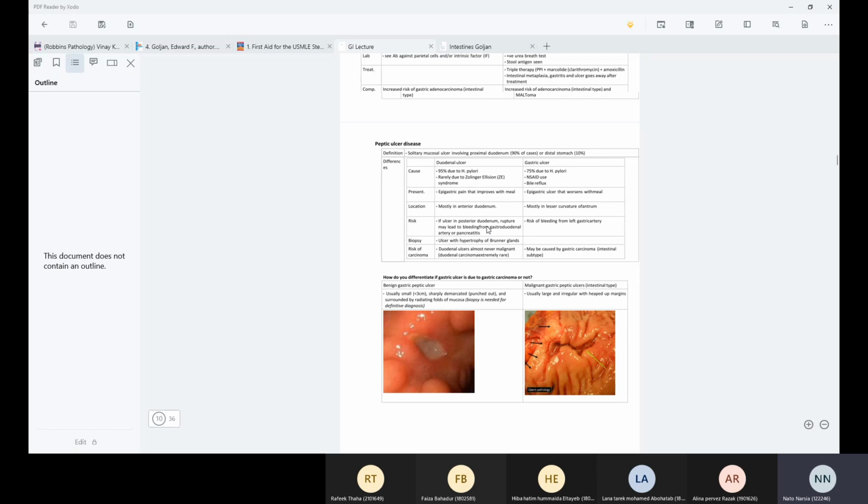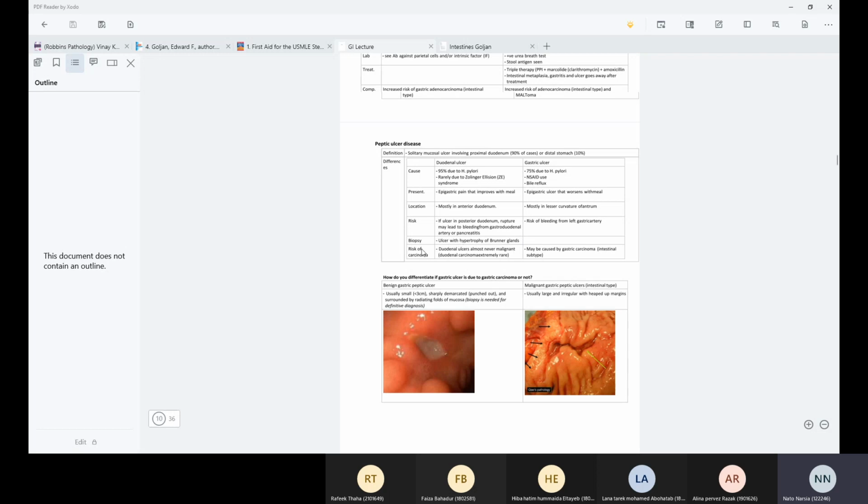Actually, guys, it is important clinical information you will find in your clinical practice when you become a doctor. So memorize: common location is anterior duodenum, but if you find it in the posterior duodenum, there is increased risk of complications like rupture and bleeding and so on. Okay, so pay attention to the risk.